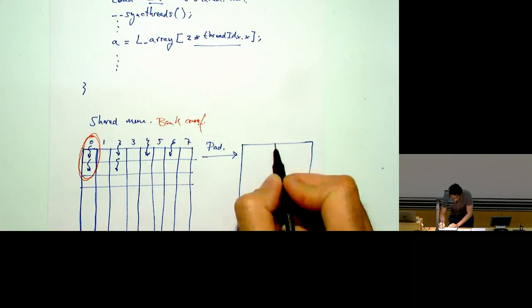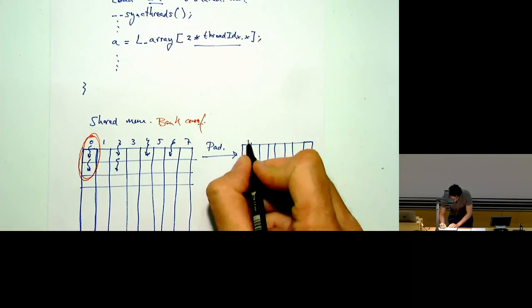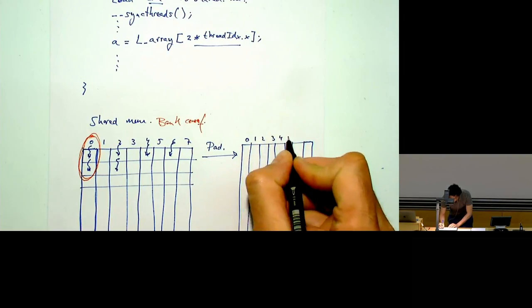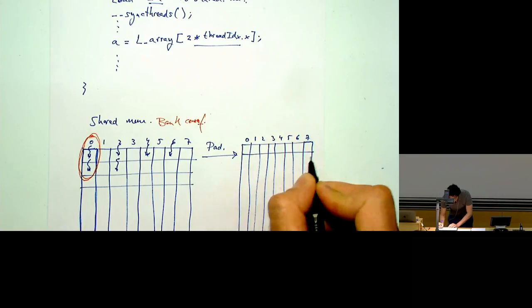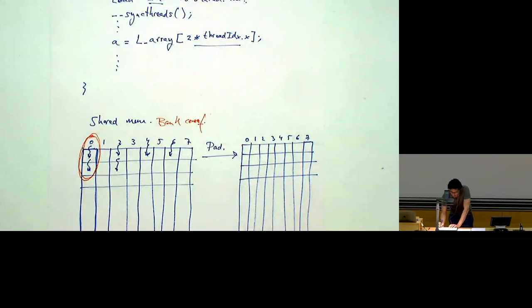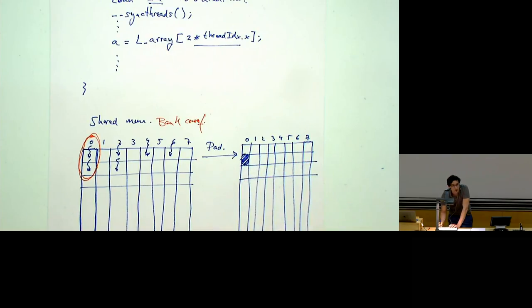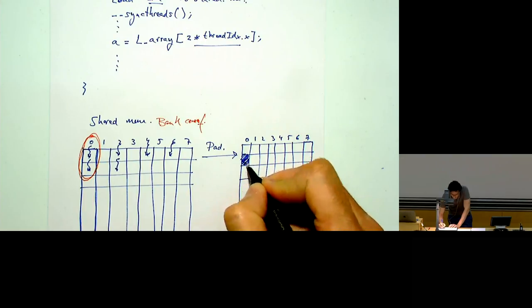Again, we have the 8 banks here. And now what we are going to do is that every 8 elements, we are going to pad. Pad means that we are going to keep this memory position unused. So we won't store anything here.